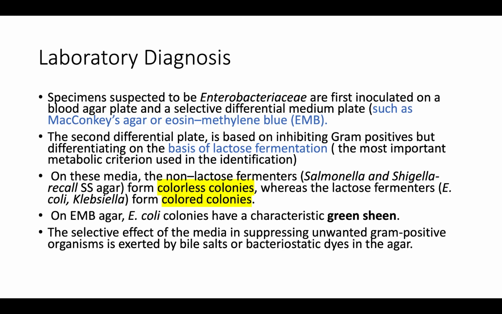On these media, the non-lactose fermenters, which will usually be Salmonella and Shigella, form colorless colonies, whereas the lactose fermenters form colored colonies. On the plate we can't tell whether they are quick or slow unless we monitor it. And then on EMB agar, only E. coli will grow as characteristic green sheen colonies. The selective effect of the media is suppressing unwanted gram-positive organisms, as we said, by bile salts and other dyes.